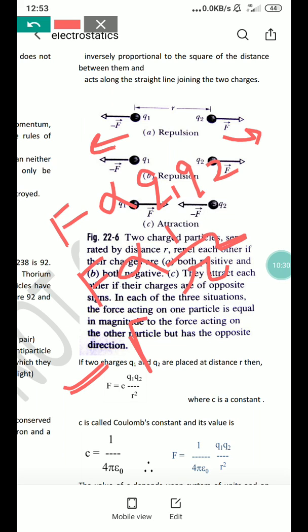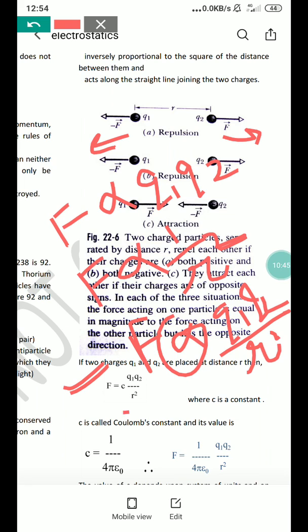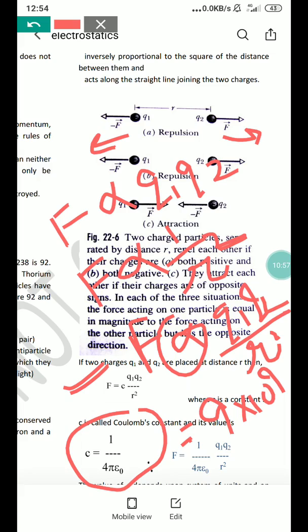So by joining these two statements, F is directly proportional to Q1 Q2 over r squared, and the constant of proportionality is C or K, and the value of C is 1 by 4 pi epsilon naught, and the value of 1 by 4 pi epsilon naught is 9 into 10 raised to power 9.